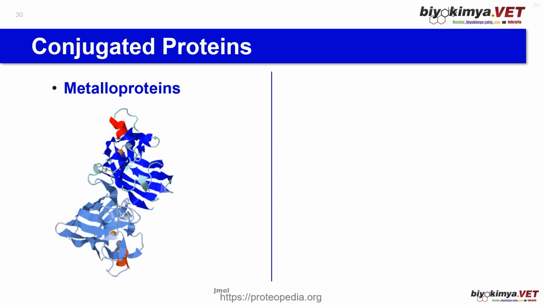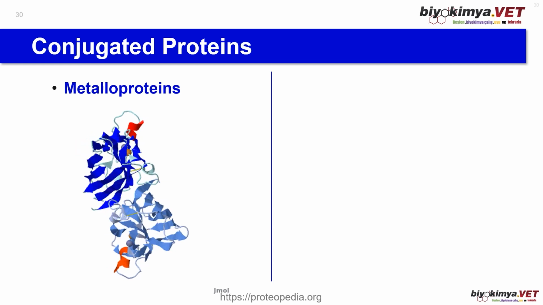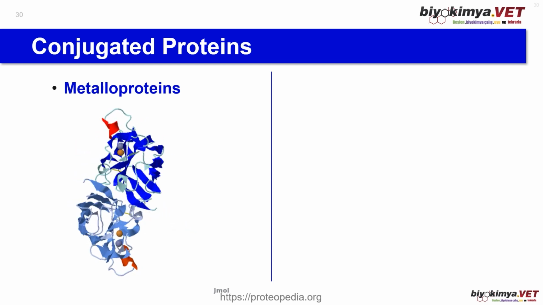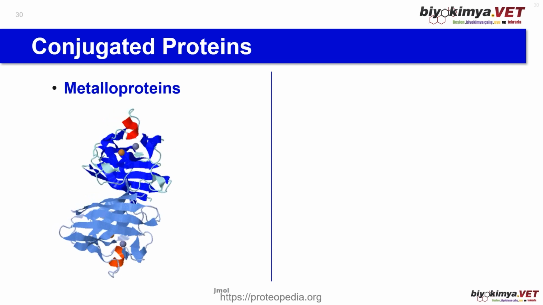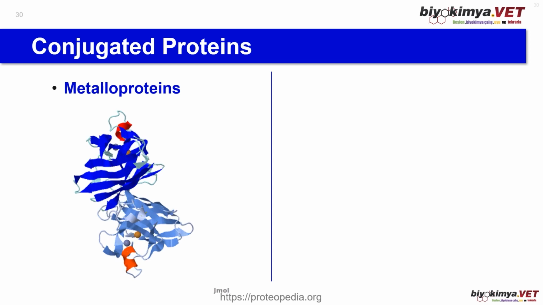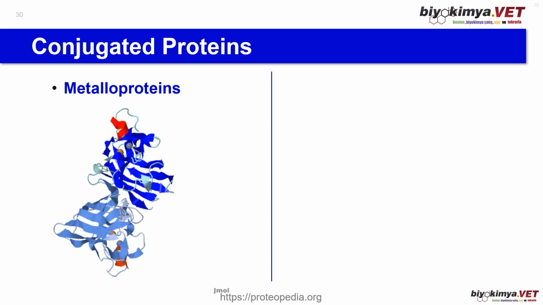Here you see the rotating superoxide dismutase, which uses metals as cofactors, and there are different types of superoxide dismutases carrying zinc, iron, manganese, and copper.